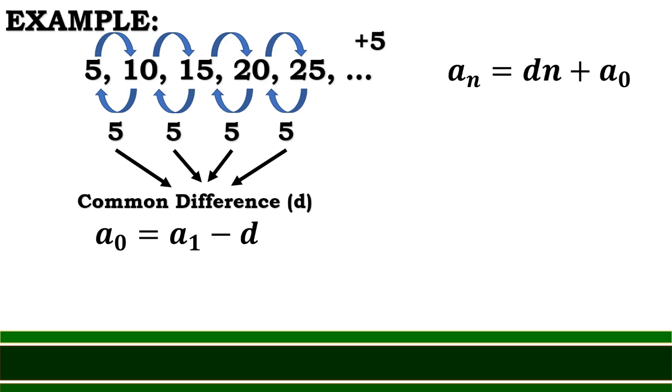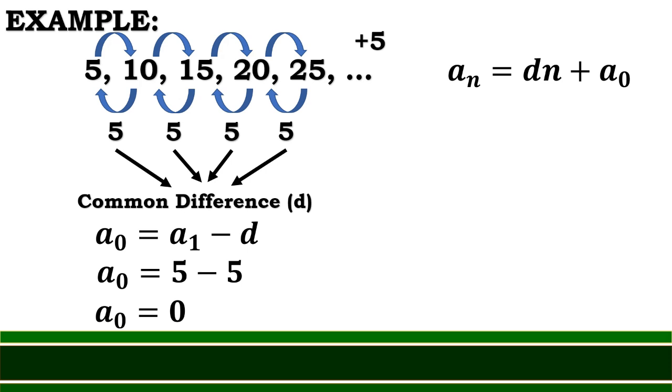Yung A sub 1 natin is the first term from the given sequence, which is 5. So we'll just simply substitute the value of A sub 1 and B in this equation. So you have here A sub 0 is equal to 5 minus 5. Then 5 minus 5 will give you 0.